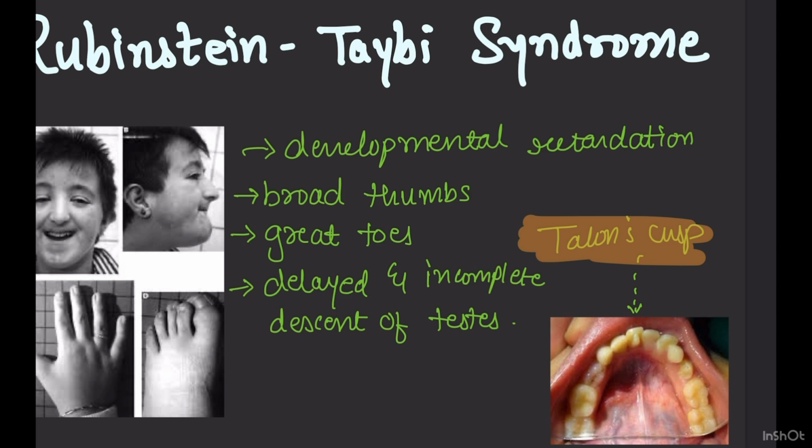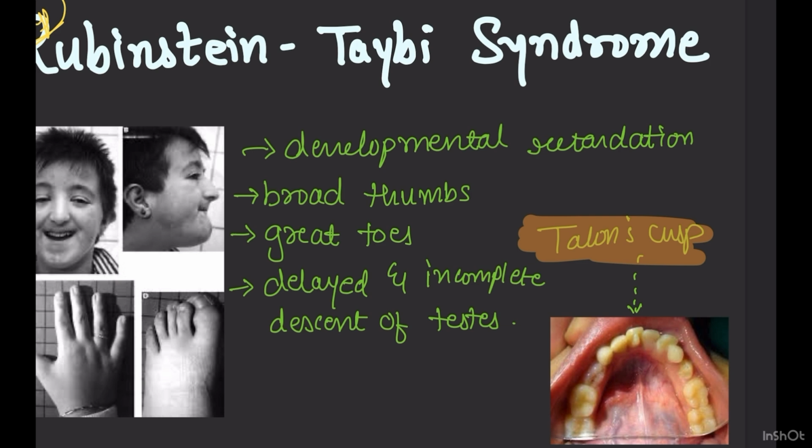Then next is Rubinstein-Taybi syndrome. Rubinstein-Taybi syndrome is also a very important syndrome to remember, and in this syndrome developmental retardation is seen, and broad thumbs are seen. You can see here broad great toes, and delayed and incomplete descent of testes. But the main point for us to remember for dental examinations is talon cusp.